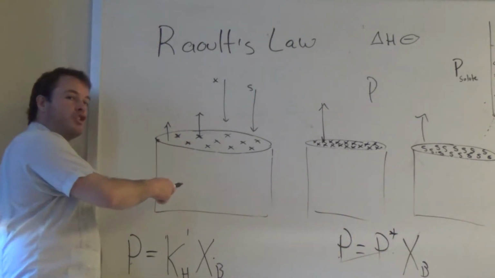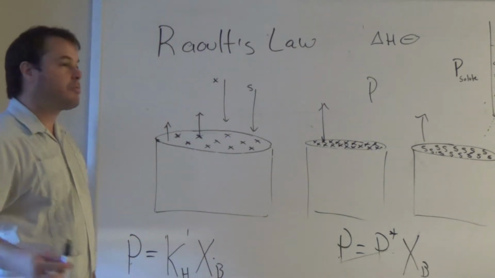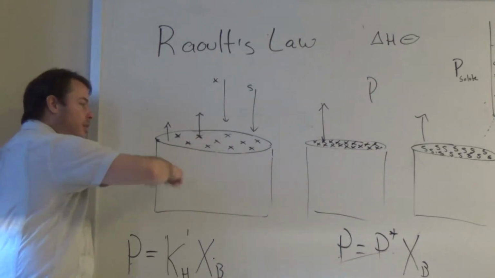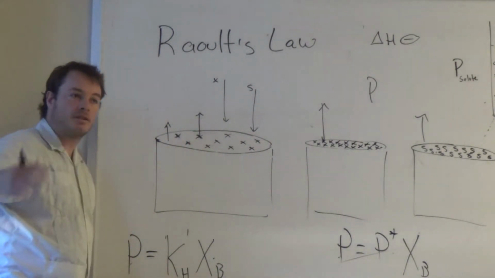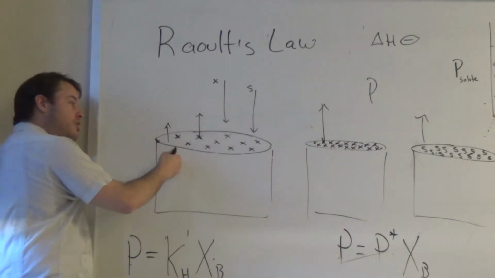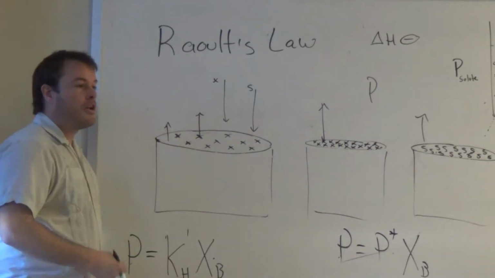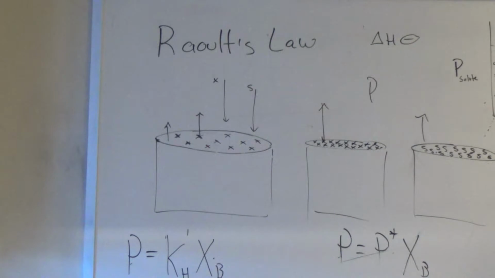And so to reach a vapor pressure that is larger than atmospheric pressure, you're going to have to increase the kick that you're pushing these guys out with. You're going to do that by increasing the temperature. And so if you dissolve a solute into a substance, you raise the temperature at which the vapor pressure of the substance is equal to the atmospheric pressure. Therefore, you raise the boiling point.